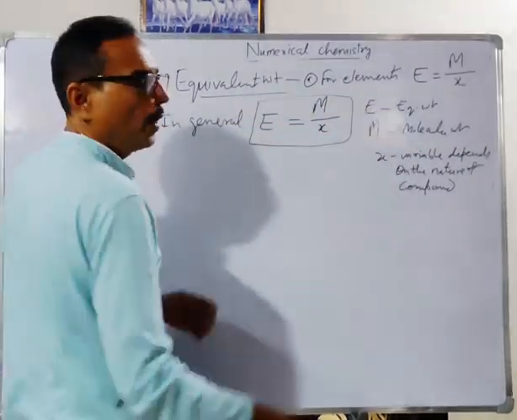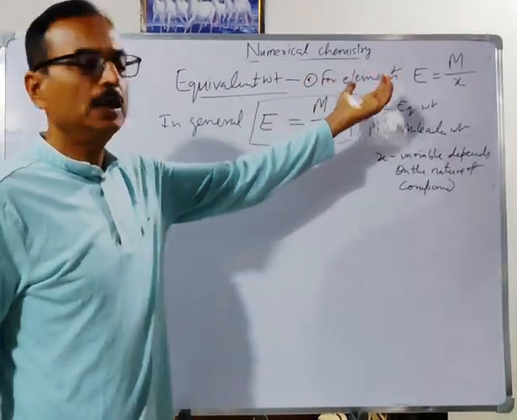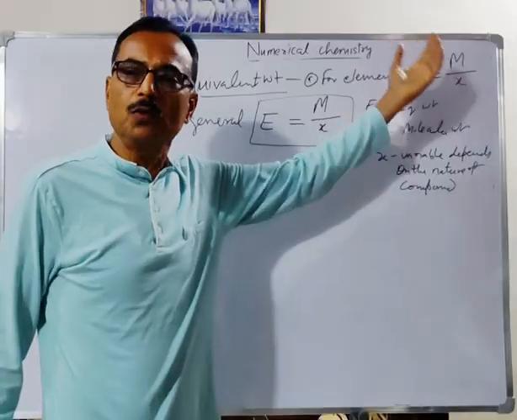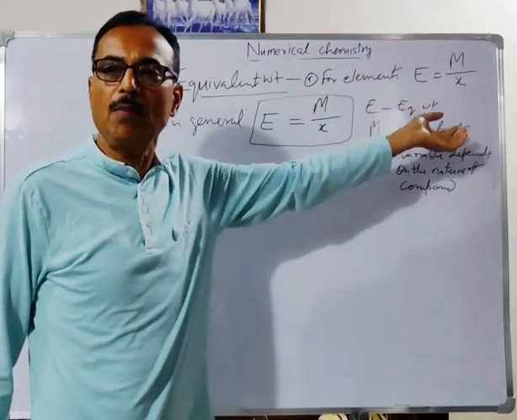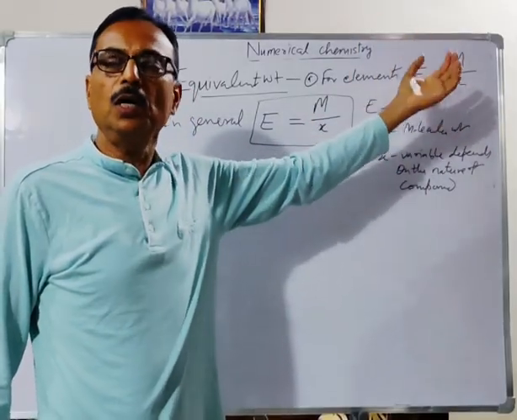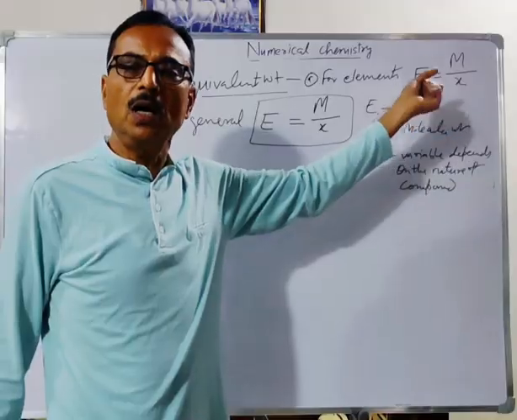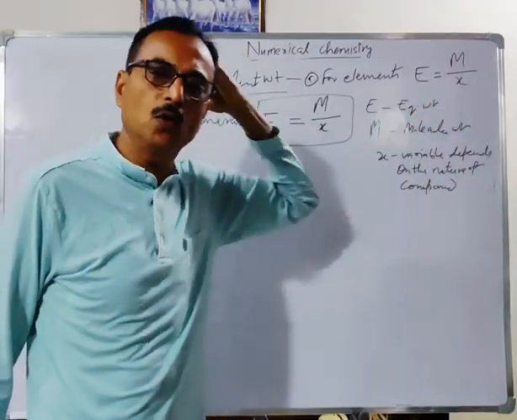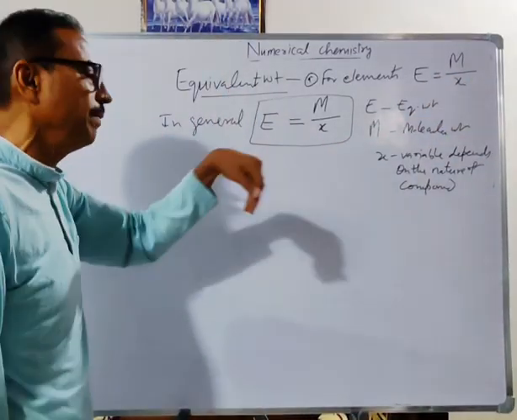For an element, you have seen how many gram of the element reacts with 1 gram of hydrogen, or 8 gram of oxygen, or 35.5 gram of chlorine is the equivalent weight of that element.